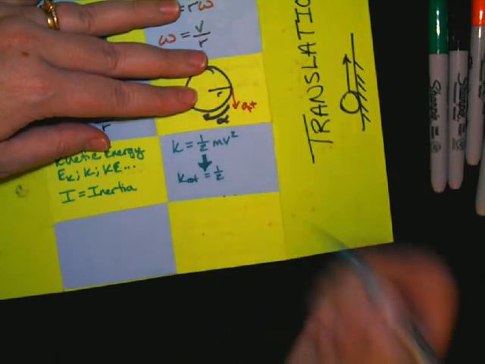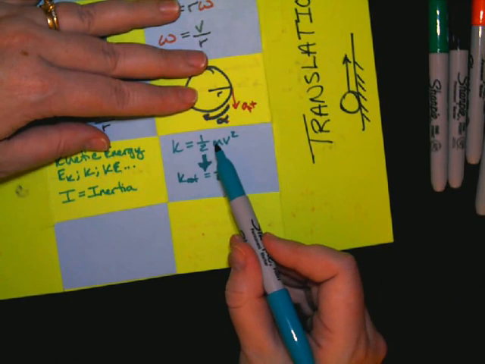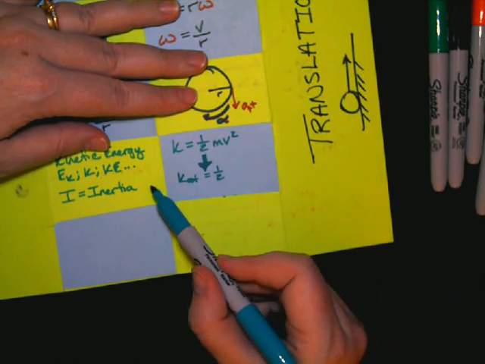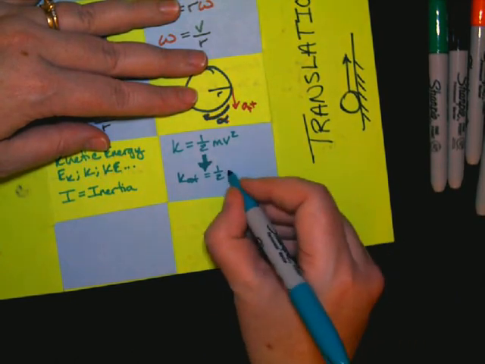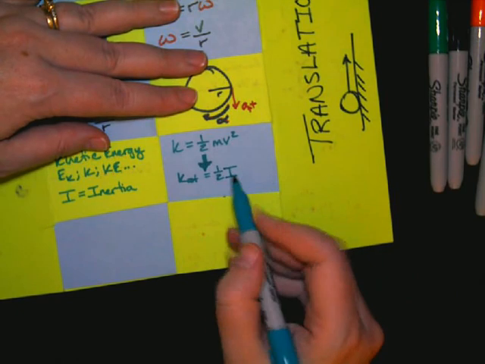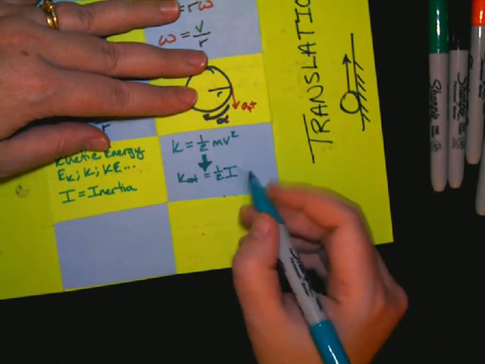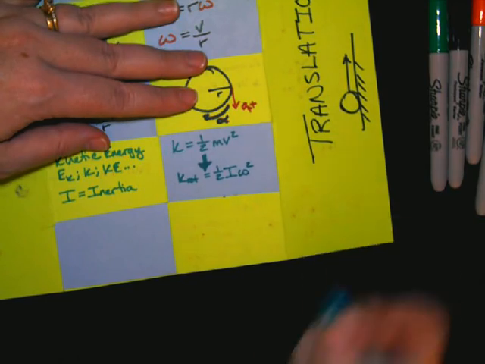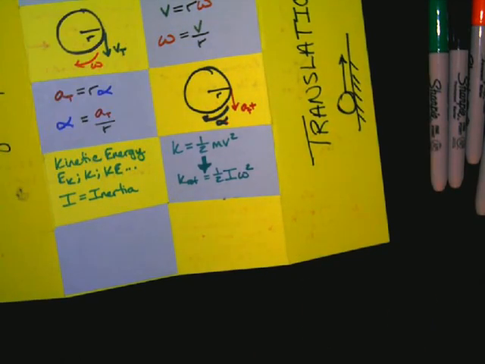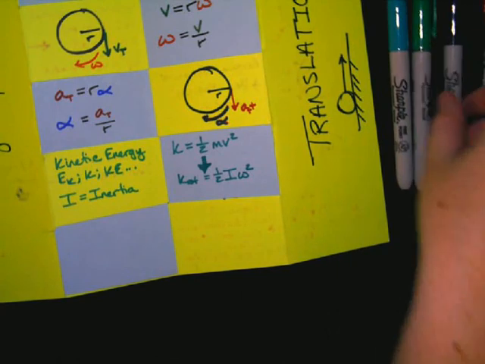But m we just redefined. M was inertia. And so in our new system, we have to switch to m is I, so it's off of the inertia. And that v we already just saw was omega. And so now my new equation for kinetic energy is 1/2 I omega squared. Sorry about that.